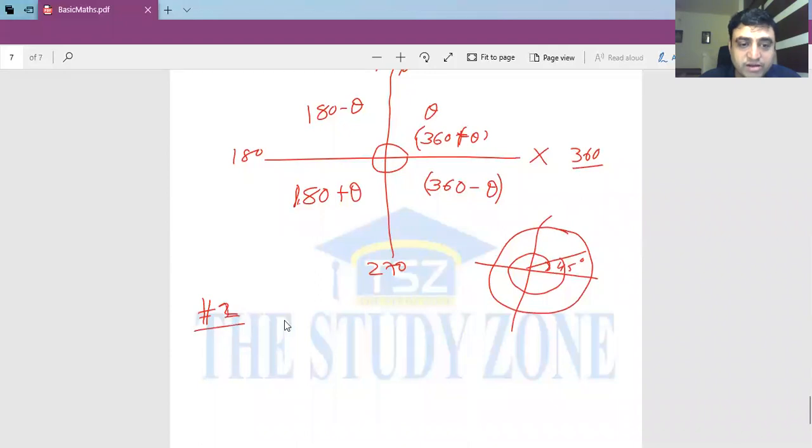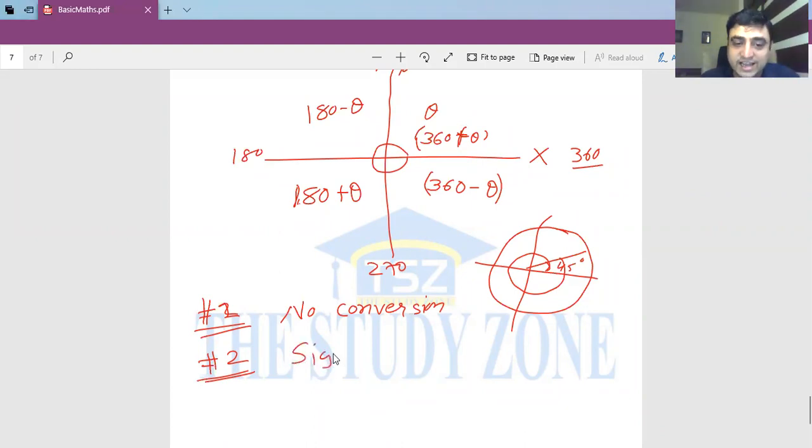Rule number one, no conversion. What does it mean? No conversion means sine will remain sine, cos will remain cos, tan, cot, sec, cosec. And rule number two is the same as rule number two of the previous one.